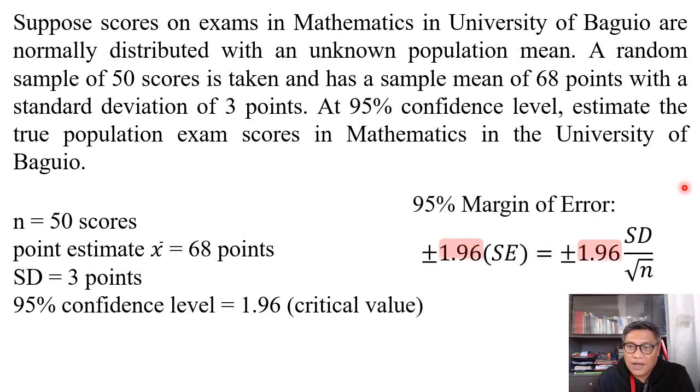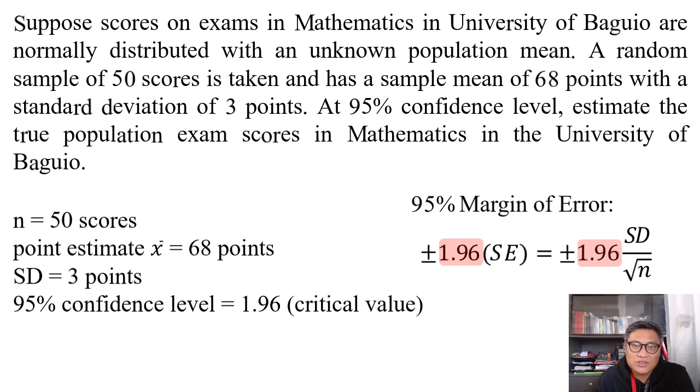Our margin of error at 95% confidence would be 1.96 times the standard error. And the standard error here is the ratio of the standard deviation to the square root of n. Since we already identified the appropriate formula for the margin of error at 95% confidence, we have to carry this out, class.